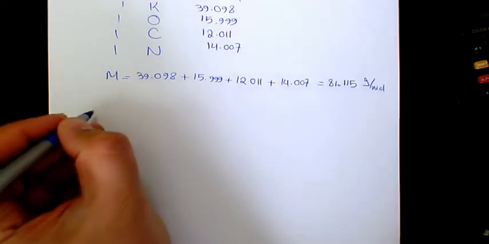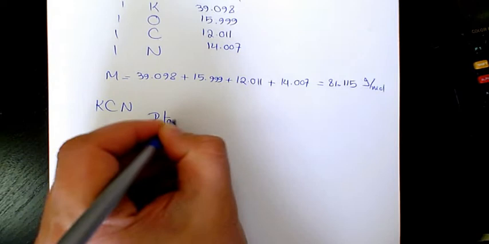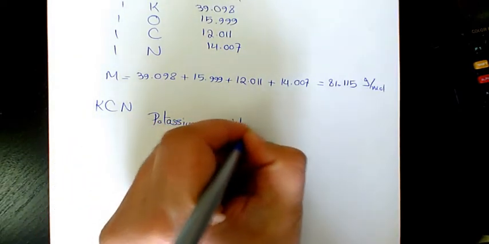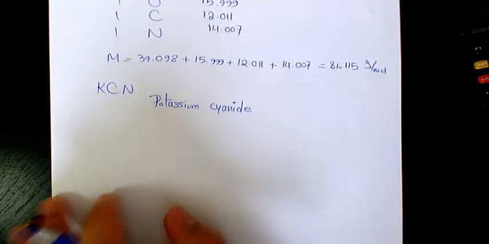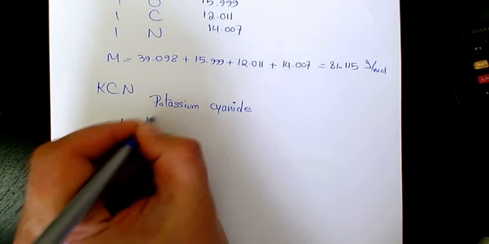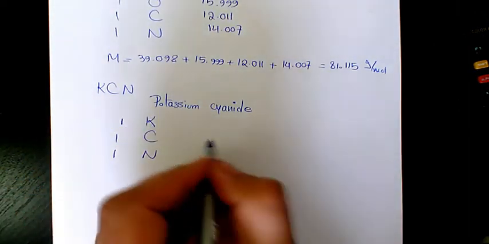Next one is KCN, which is potassium cyanide. We have one atom of potassium, one atom of carbon, and one atom of nitrogen.